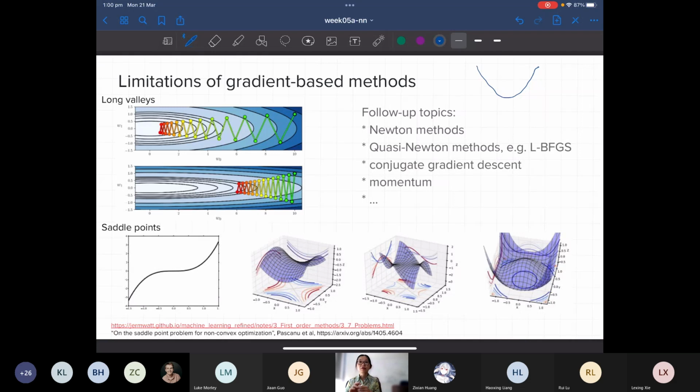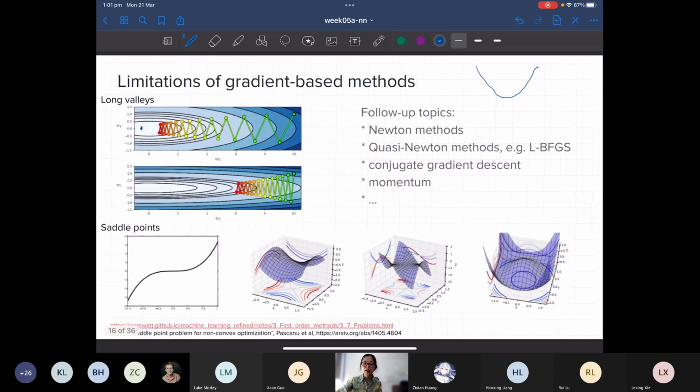We can see that if we have long valleys, there might be a global optimum, for example, here. And if we're just doing gradient descent, it can be quite bad, right?